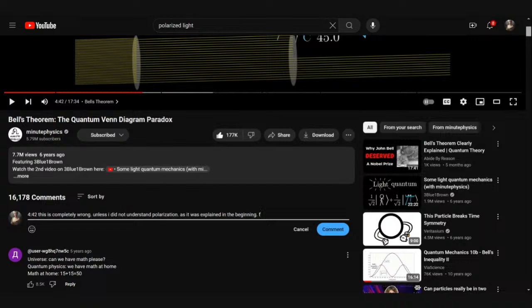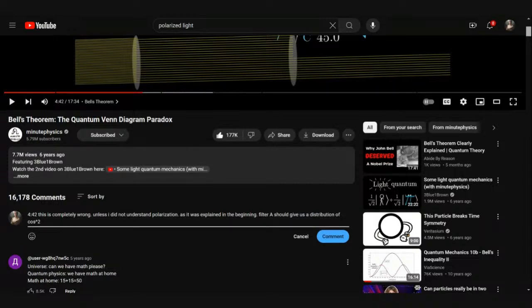Filter A should give us a distribution of cosine squared x.